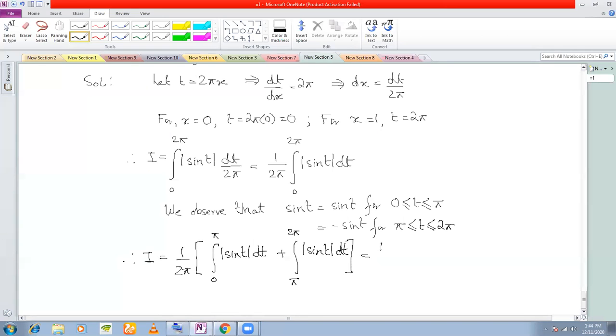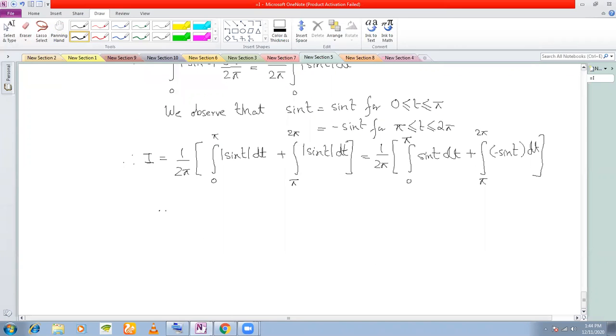So 1 by 2 pi times the integral where from 0 to pi it is simply sine t, and from pi to 2 pi it is minus sine t, dt. Any questions?